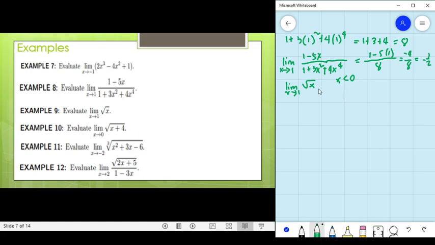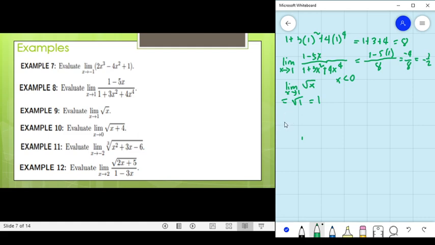So we can immediately apply the radical or root rule. The limit of square root of x as x approaches 1 is similar to the square root of 1, which is equal to 1. Thus example number 9 is equal to 1.